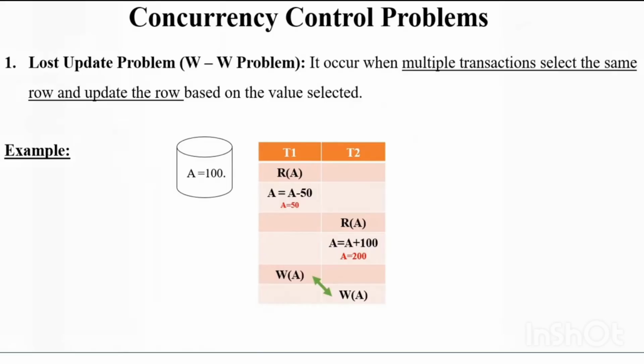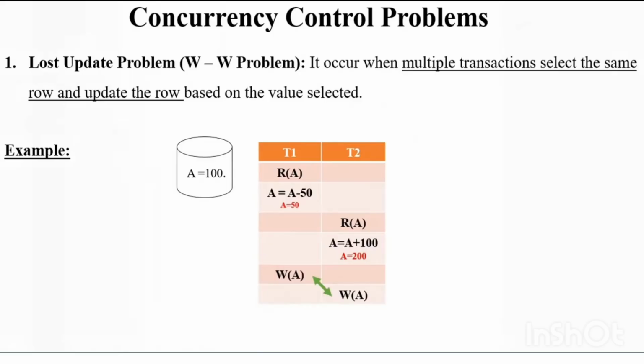We have two transactions, transaction 1 and transaction 2. The first user does transaction 1: A = A - 50. A equals 100, so 100 minus 50, and A equals 50. This is the final value when transaction 1 is done.